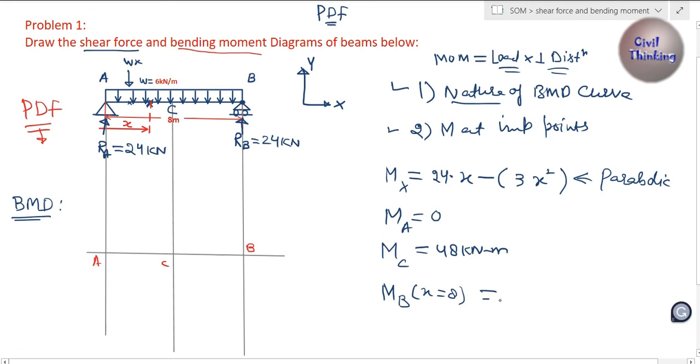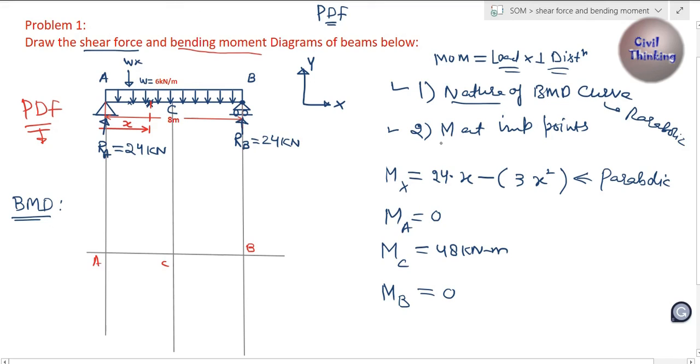How much is it going to be? 24 multiplied by 8 minus 3 multiplied by 8 square, right? Now if you calculate this, you are going to get 0 again. So again moment at B is 0.